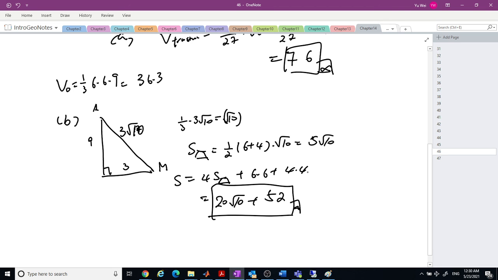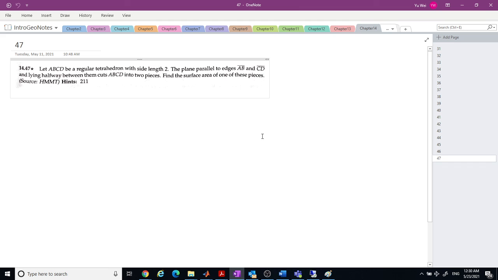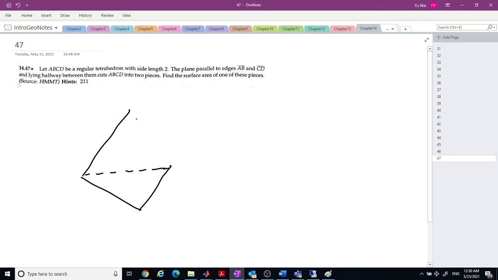Okay, now the final one. Let ABCD be a regular tetrahedron. It has edge length of 2.